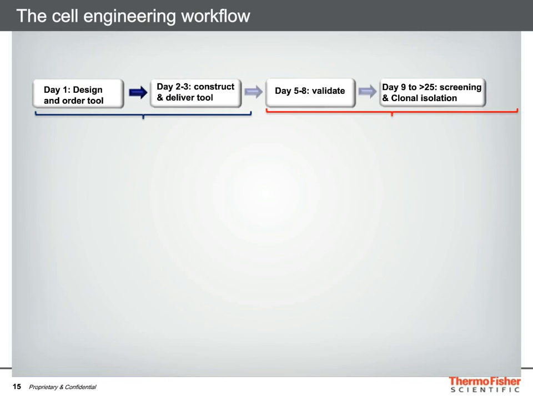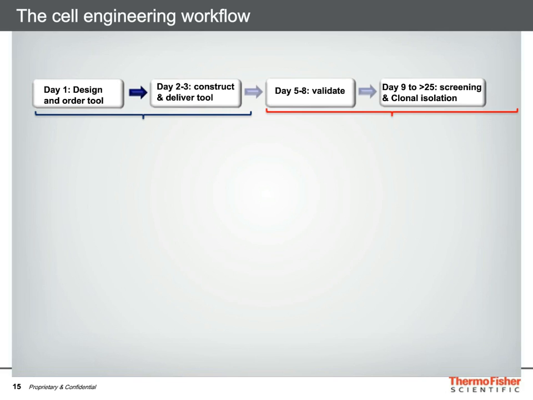So let's think about the workflow a little bit. We have already understood where we want to edit our cell. We need to design and order our tool. We construct and have our tool delivered, or we construct it ourselves. Then we deliver the tool to the cell, and then it takes some time, 5 to 8 days with a normal cell line, to grow them out and to validate them, understanding that iPS and ES cells grow a little bit slower.